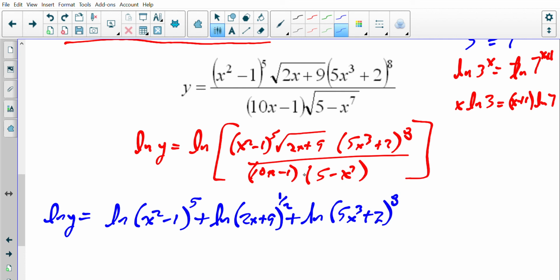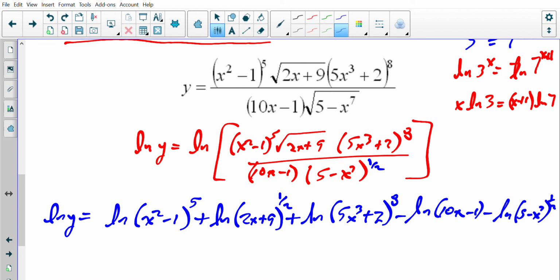Now, these ones are quotients, so they're divided by, so then it's going to be subtract natural log of (10x minus 1), and then subtract, oh, this one should have had a half on it because it was a square root, subtract natural log of (5 minus x to the 7th) to the 1/2.